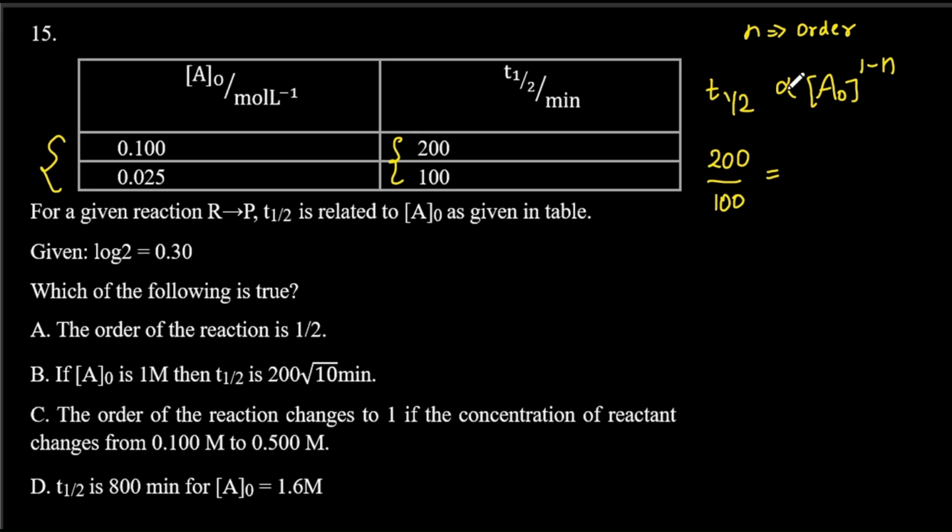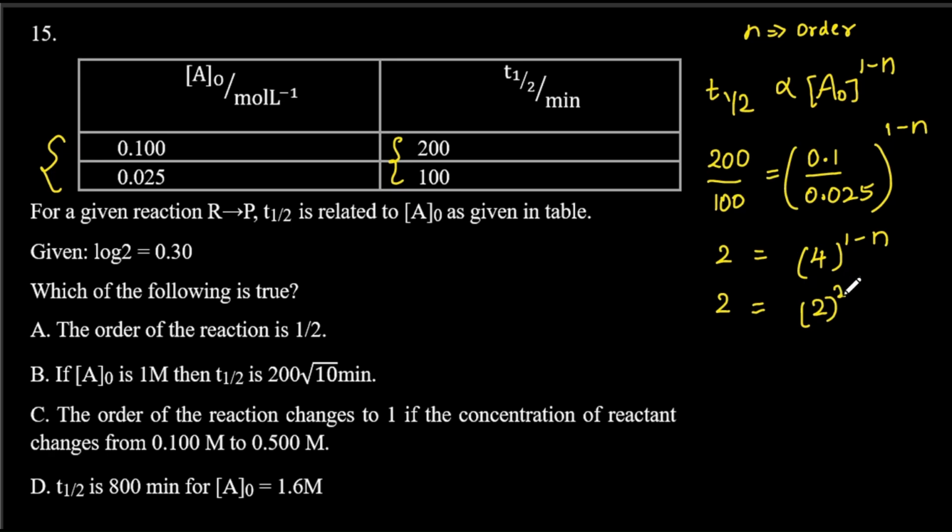Now we can write the equal to sign, and the proportionality constant will be cancelled, and the A naught value is 0.1 divided by 0.025 whole power 1 minus N. So when you solve this, you will get 2 equal to 4 power 1 minus N. On the left hand side we have 2, and on the right hand side 4 we can write as 2 power 2 whole power 1 minus N.